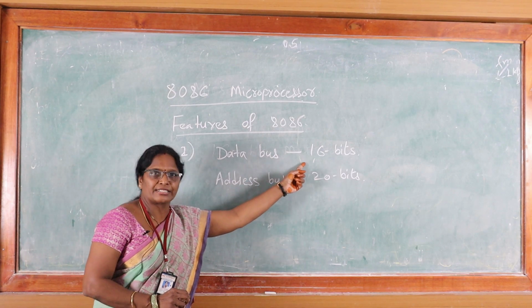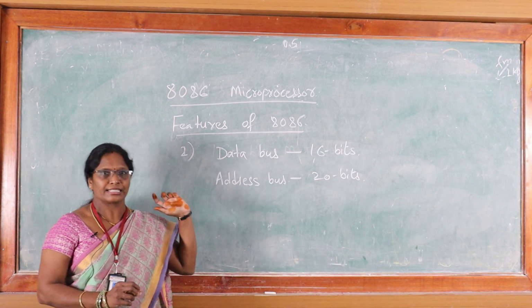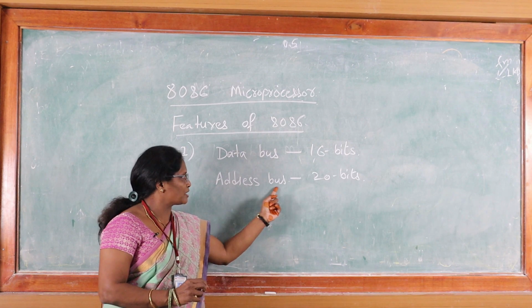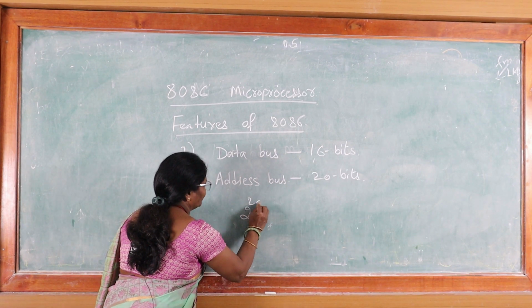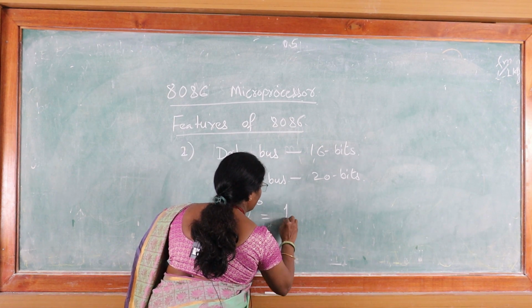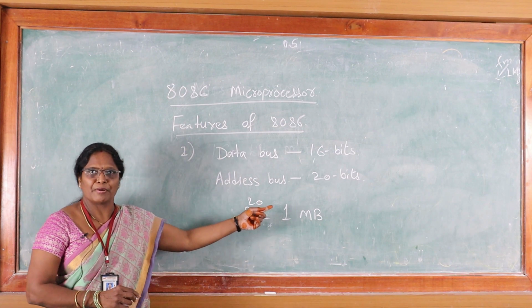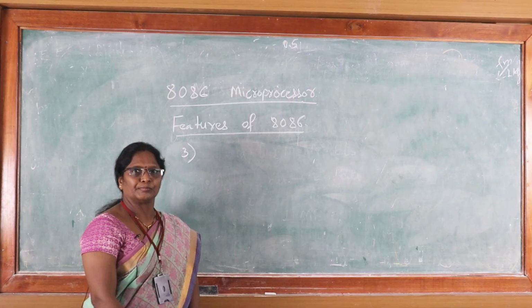When we say it is a 16-bit data bus, at any given time, the processor can transmit or receive 16 binary bits through the data bus. When we say address bus is 20 bits, it means 2 to the power 20 equals 1 megabyte of memory. So 1 megabyte of memory can be interfaced to 8086 microprocessor.